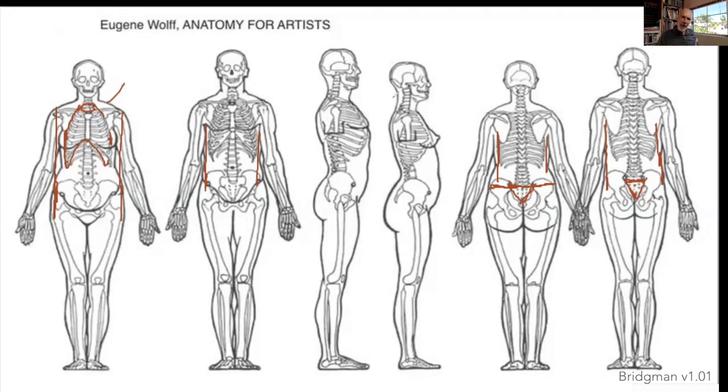Her rib cage tilts back more than his. Why? Her pelvis is on an axis more like that than his. So this is a counterbalance to it. Whenever anything goes one way, another thing will go the other way to balance it out.